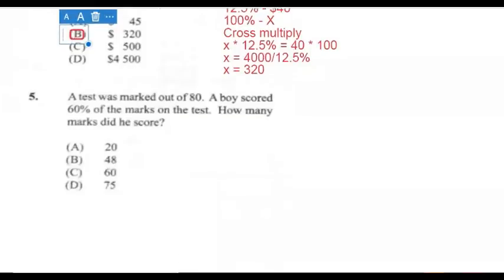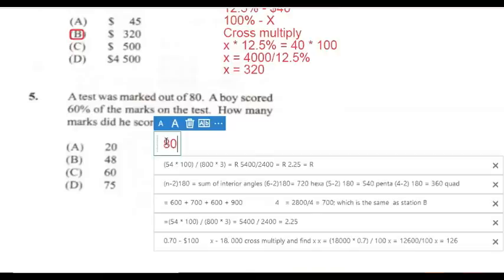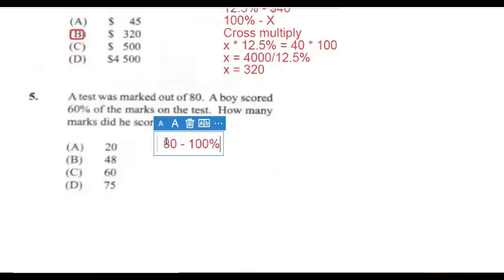Number 5, a test was marked out of 80. A boy scored 60% of the marks on the test. How many marks did he score? So the test was marked out of 80, and the boy scored 60%. So 80 is equal to the 100%, which is what the test is marked out of, and x is equal to 60%, which is what he got out of the 80.